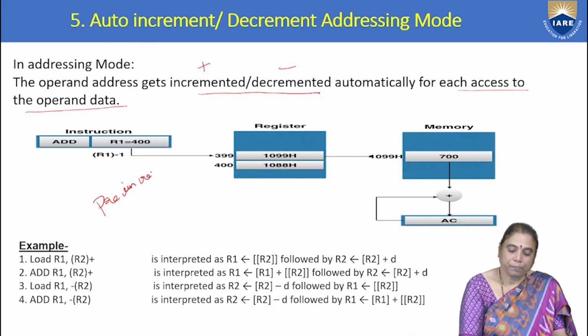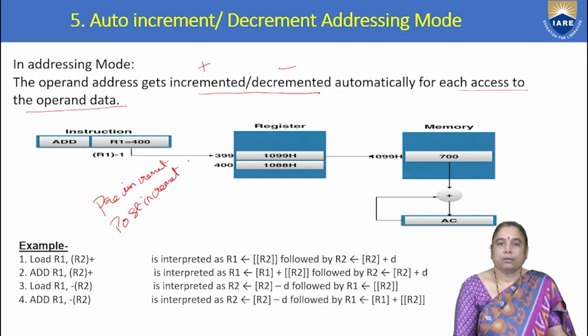So the incrementation and decrementation can be pre-increment or post-increment. Pre-increment means the plus sign is specified before the register, and post-increment means it is suffixed to the register name.